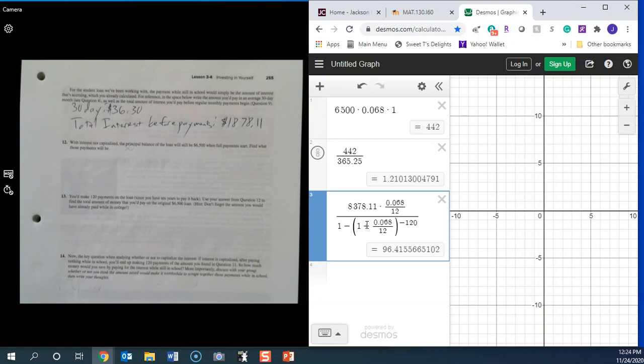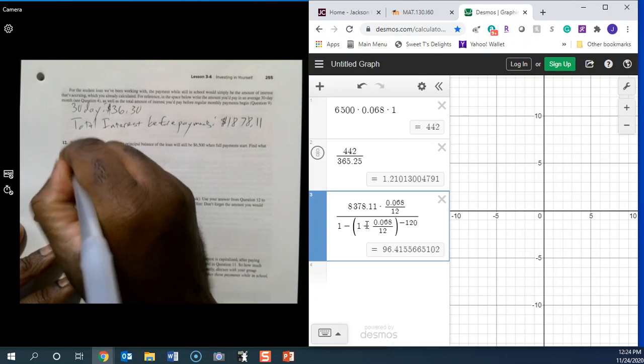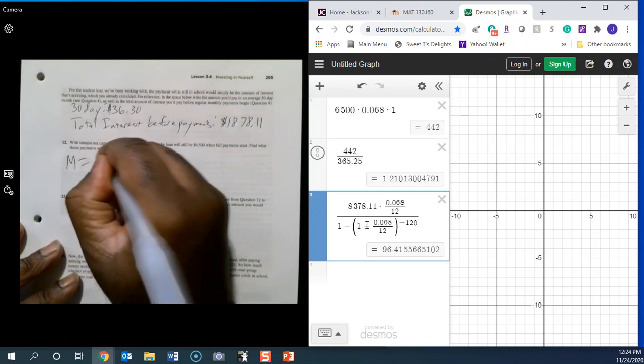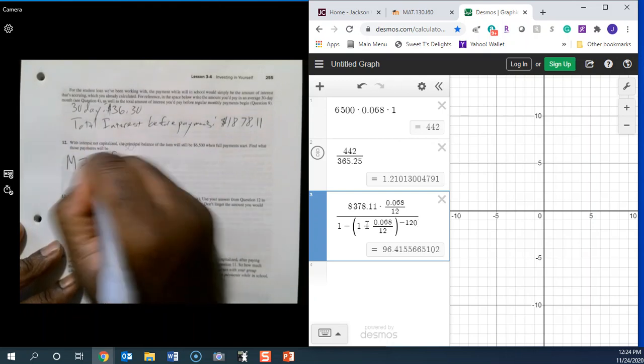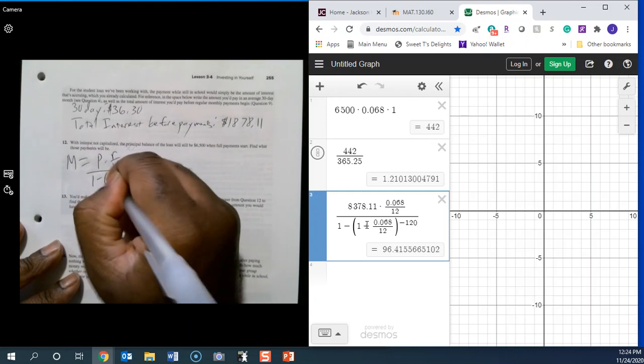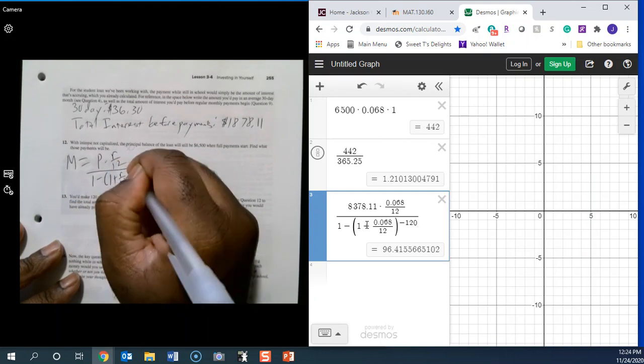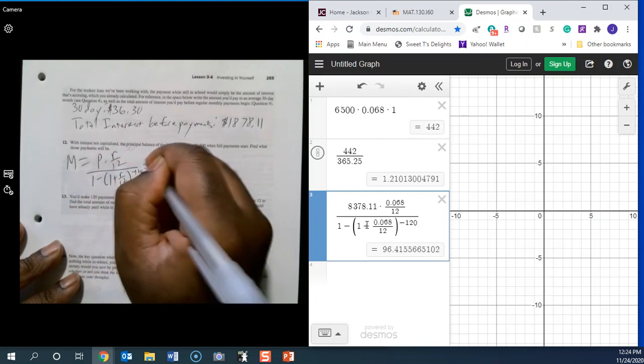Okay, number 12. It says with interest not capitalized, the principal balance on the loan would still be $6,500 when full payments start. Find what those payments would be. Okay, so we had M is equal to P times R over 12 divided by 1 minus 1 plus R over 12 to the negative 120.